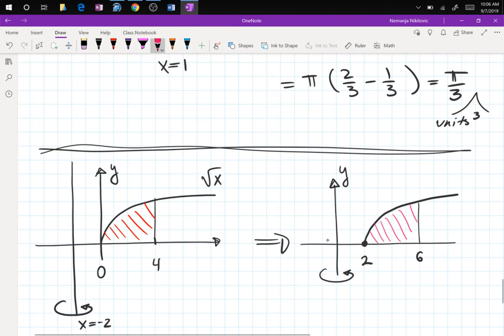We had to fix the axis of rotation to hit the y-axis. And then, clearly, our function now changed, so it's no longer root x, now it's square root of x minus 2.